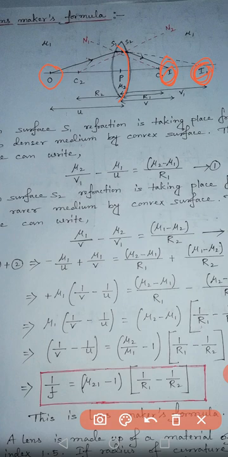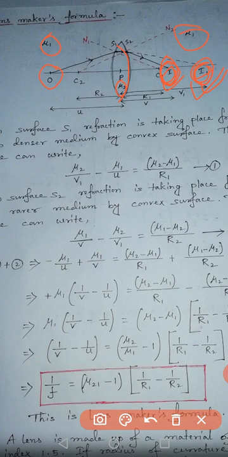But finally, where is the position of I? I is again in the rarer medium. So in the S1 surface, refraction is taking place from the rarer medium to the denser medium. In the S2 surface, refraction is taking place from the denser medium to the rarer medium, because I1 is the imaginary position of the image when only the S1 surface was present.